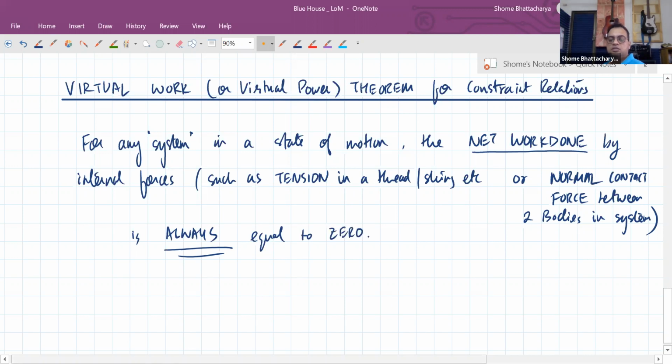This is the statement of the virtual work theorem. Make a note of this statement first.